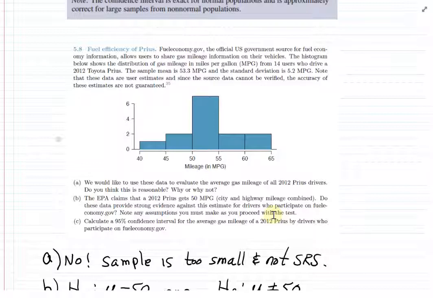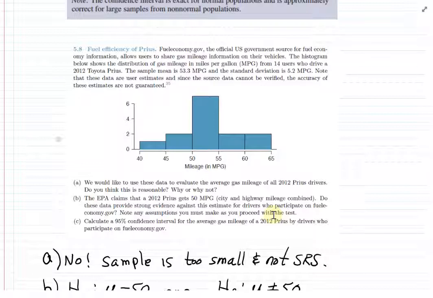And the second thing is that the sample is too small. For 14, that's too small to make those inferential statements. So realistically, I don't think it's reasonable. But then again, you can make a case that although it's small, nevertheless it's a sample, better than nothing.